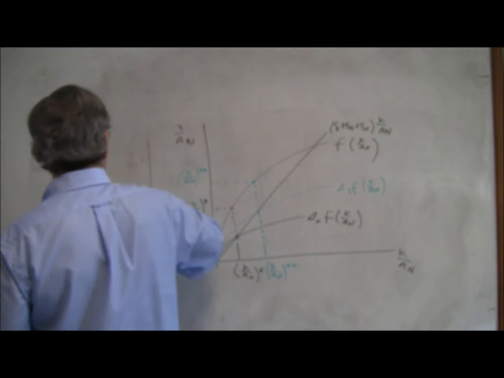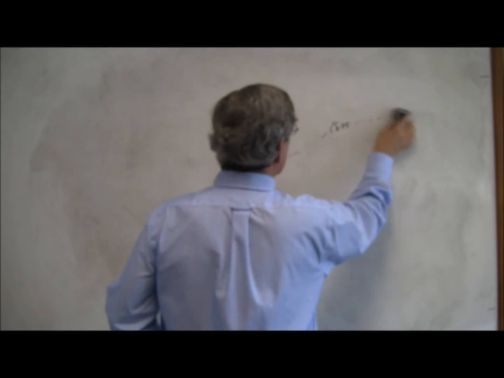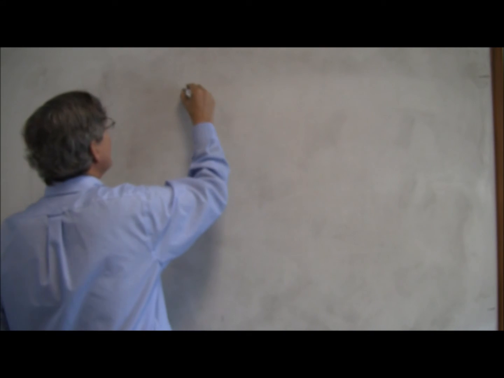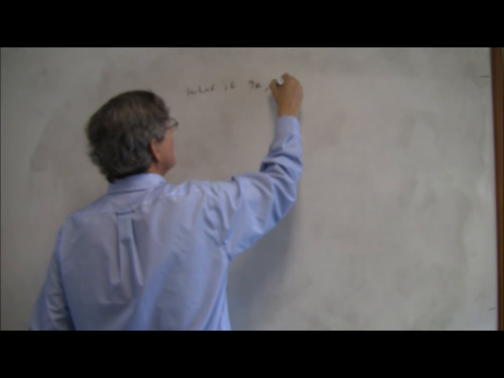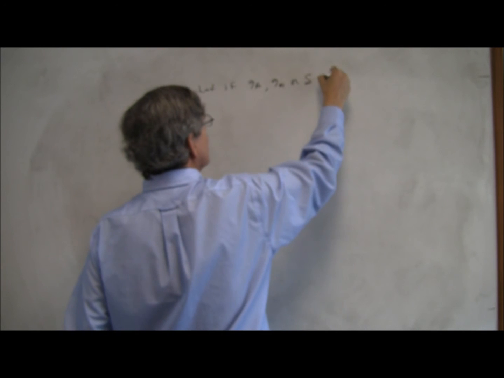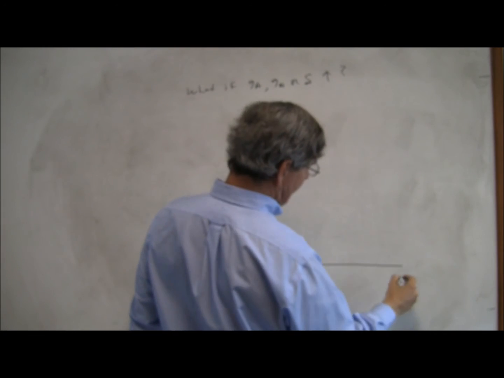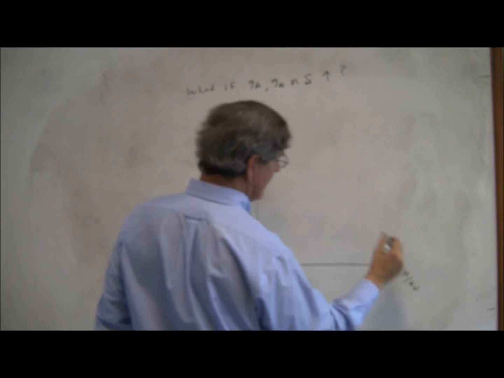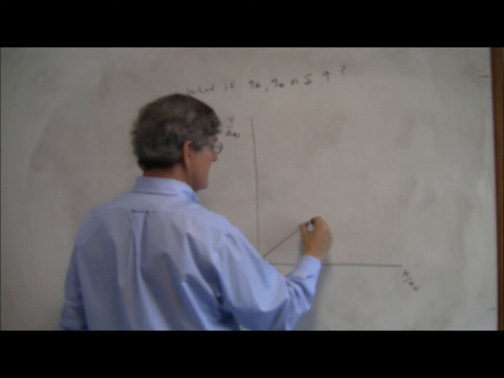Now there's one other thing we could talk about. The book doesn't really do this, and I won't spend a lot of time on it. But you could also say, what happens if g of A, g of n, or delta goes up? Just to show you quickly how to do that graph. So here's k over AN, y over AN. Start with this line.